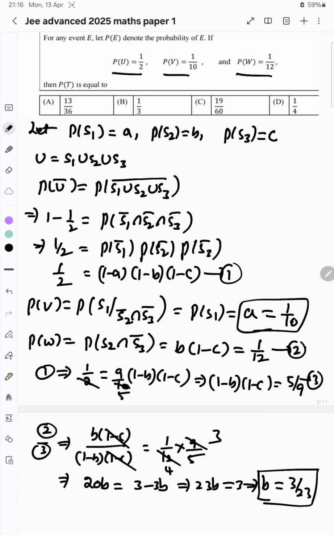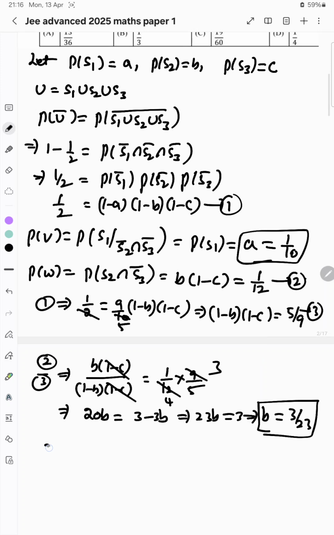Next, when you know A value and B value, and from the second equation we have the relation between B and C, then we will get the value of C also here. Now see, from 2 implies B value 3 by 23 into 1 minus C is equal to 1 by 12. Okay, from this 1 minus C is equal to 1 by 12 into 23 by 3.